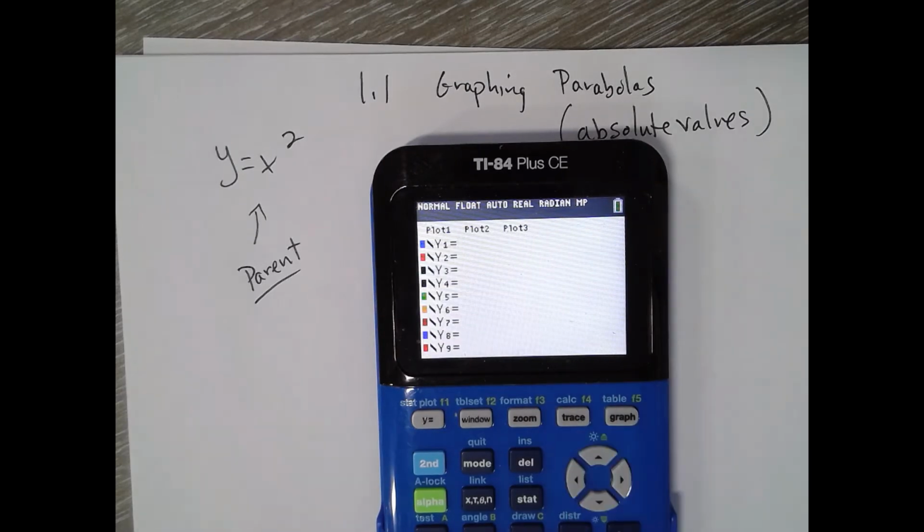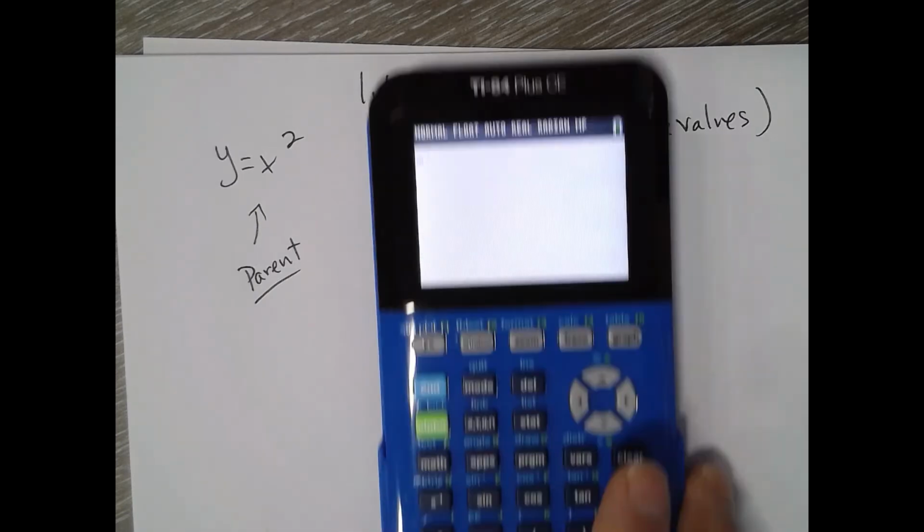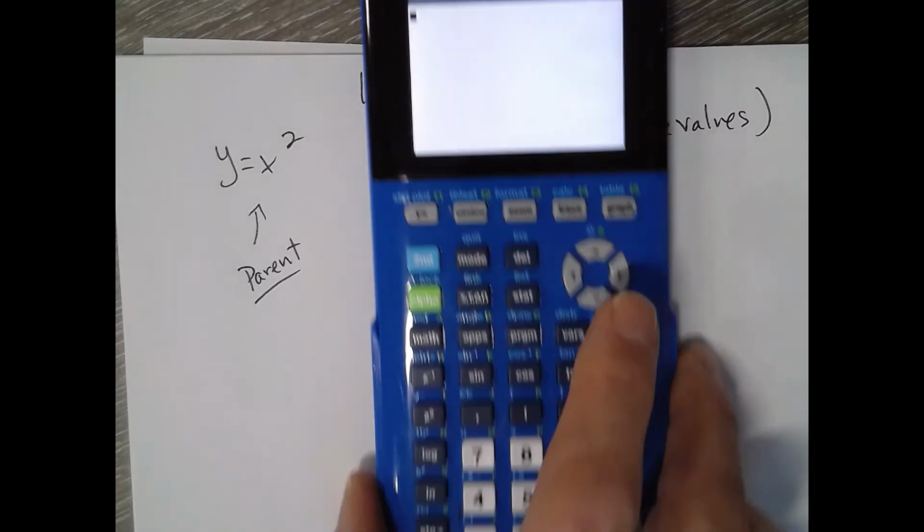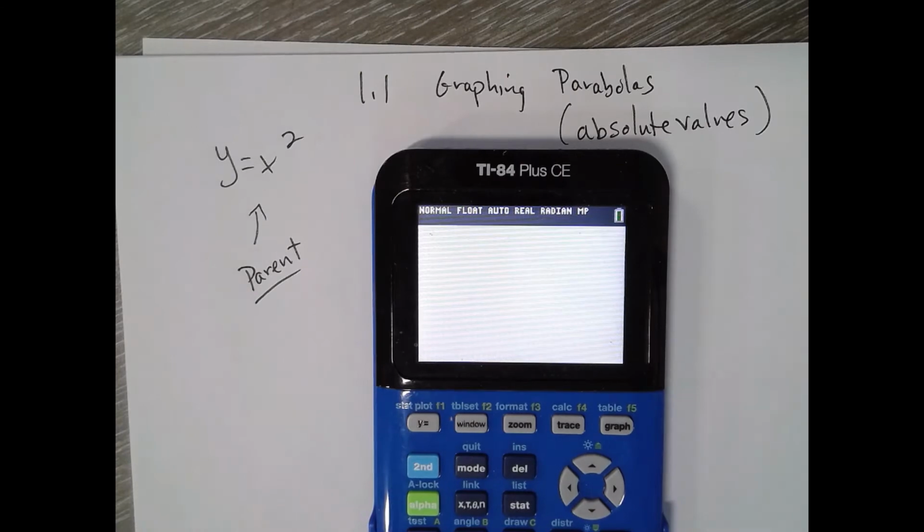Alright, so we're going to go to, if you have to clear, you can hit clear right here. If you have stuff on your screen, you hit clear. And people at home, virtuals, I know that there is an app on your phone if you have an iPhone or a smartphone, and maybe that's what you want to do. Some students do that. I think there's an app that this calculator does.